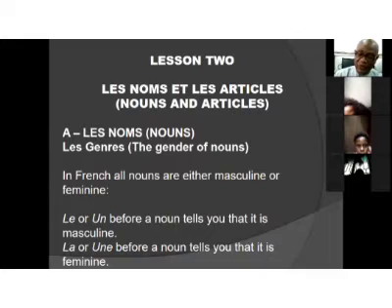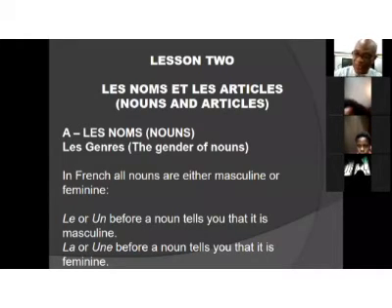When you want to refer to a specific boy, you say le garçon. And if you want to refer to a specific girl, you say la fille. If you say une fille, you are referring to just any girl at all. But if you say la fille, you are talking about a particular girl. If you want to talk about your radio, because radio is also feminine, you say la radio.